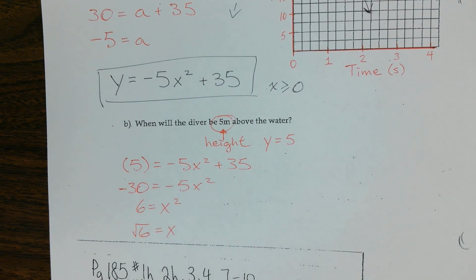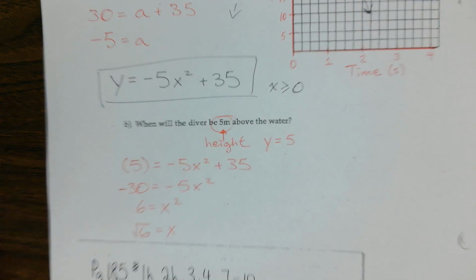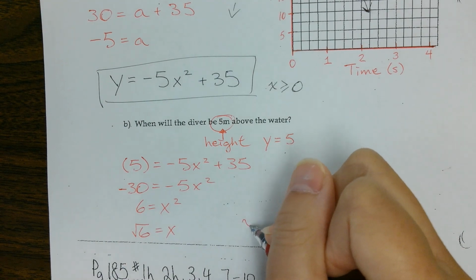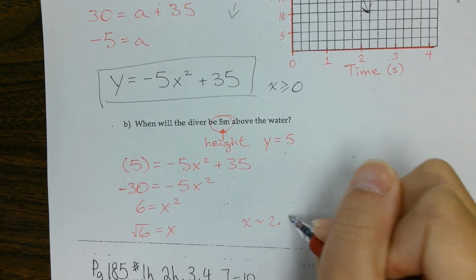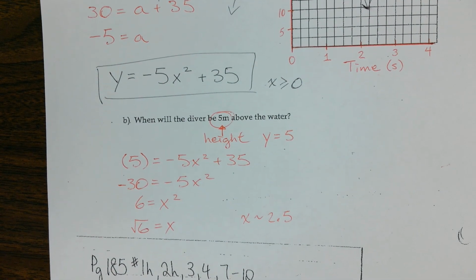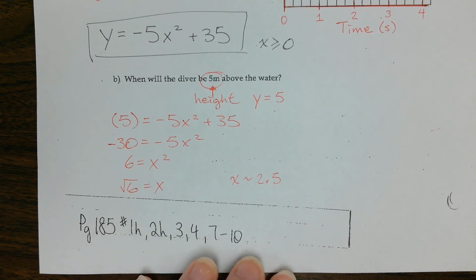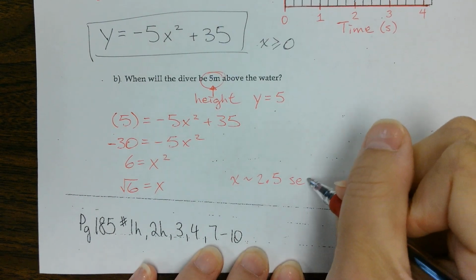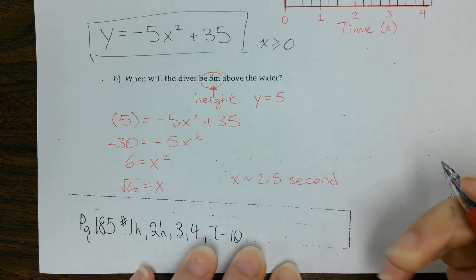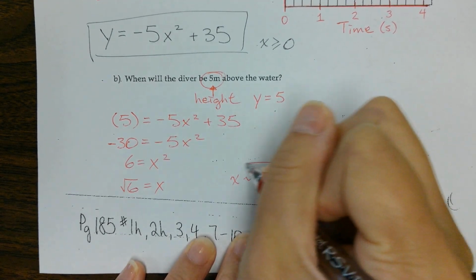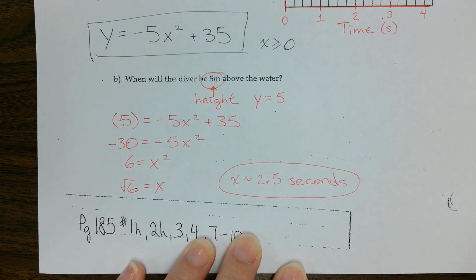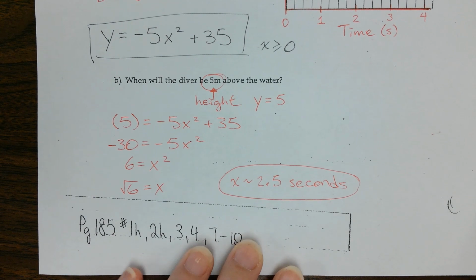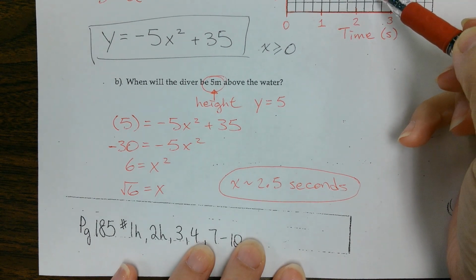Square root of 6. What do I get? About 2.5. So x is about 2.5. What's my unit? Yep, seconds. Good. So therefore, the diver should reach a height of 5 meters after about 2.5 seconds.